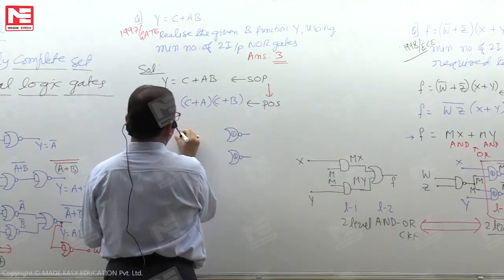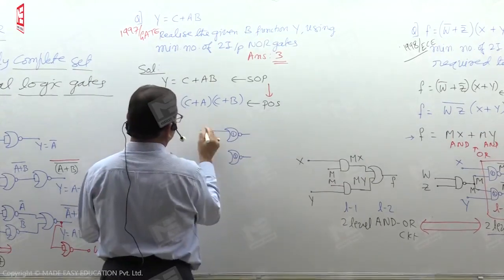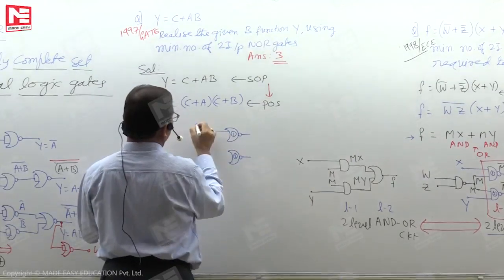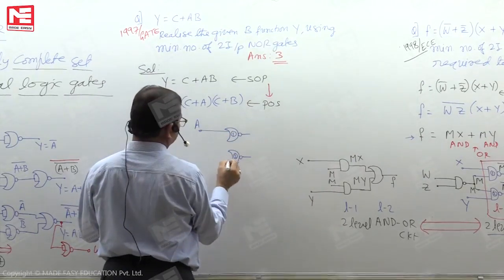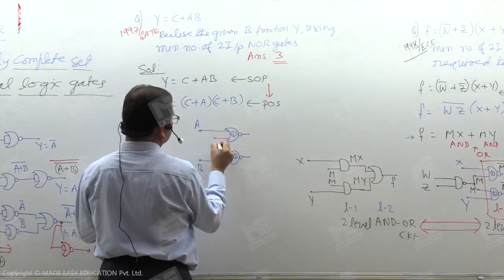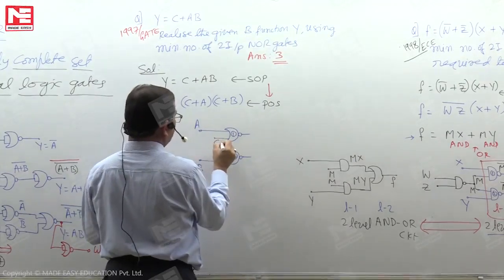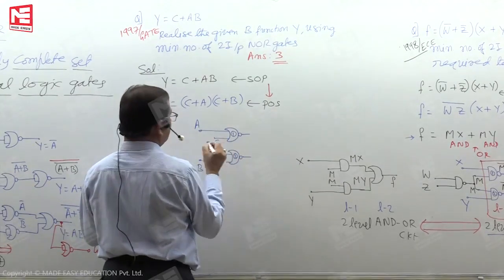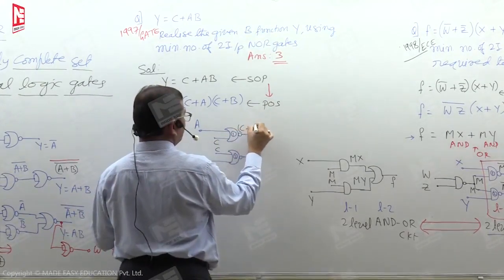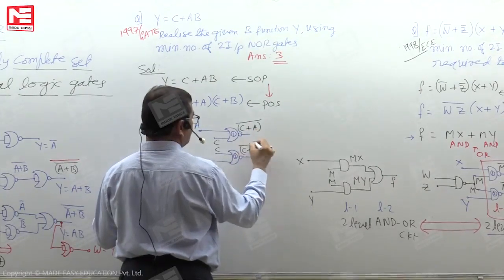Gate 1 inputs are C and A. Gate 2 inputs are C and B. Hence we get (C+A) complement and (C+B) complement.